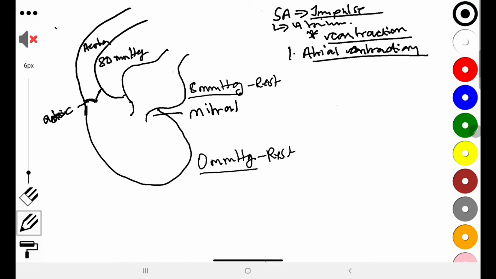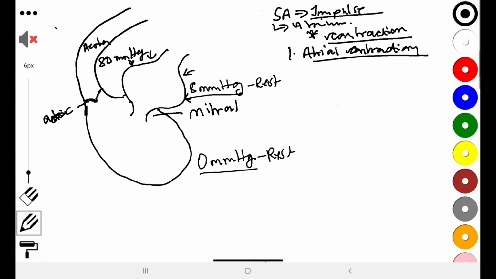What is going to happen? We're going to see what's going to happen in the atrium, what's going to happen in the ventricle, and what's going to happen in the aorta. We're going to appreciate those things. The first thing that will happen when this part starts contracting, due to the impulse, of course, is that it's going to produce a pressure wave within the atrium, a small wave, because there's an increase in pressure.